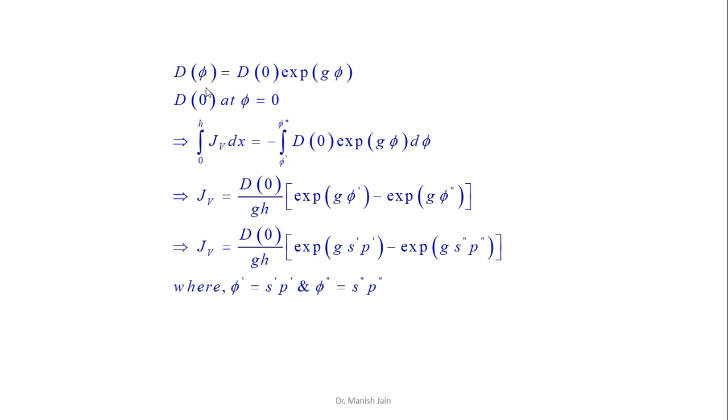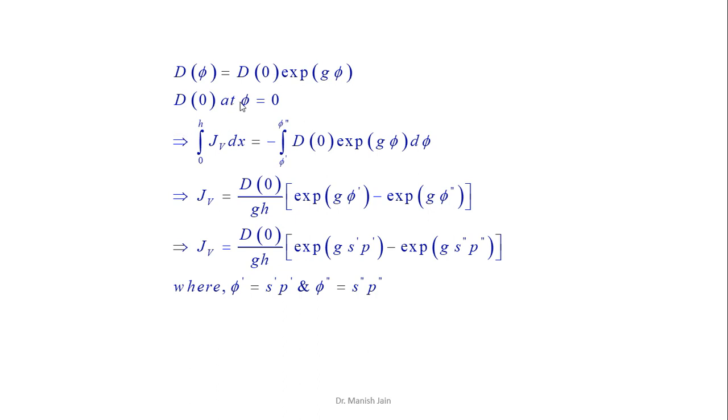Now suppose the diffusivity is a function of concentration. Generally in isotropic swelling, the diffusivity depends exponentially upon the concentration. So D equal to D naught exponential of G phi, where G is a parameter and D naught is another parameter.